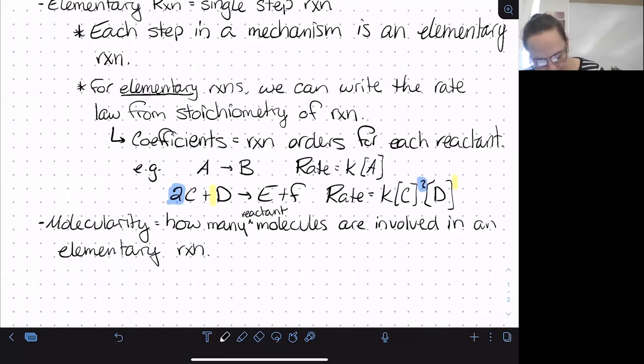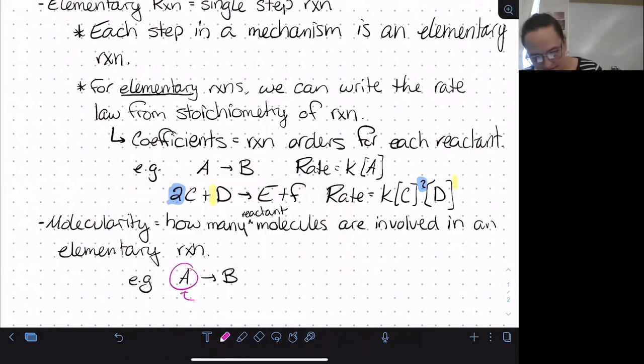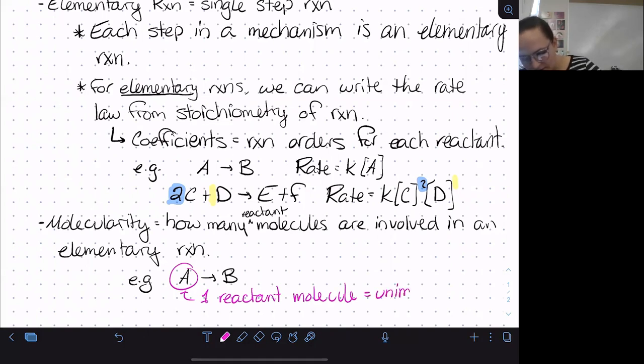So to use our same two examples here, with A forms B, we just have one reactant molecule. So we would say that this is a unimolecular reaction.